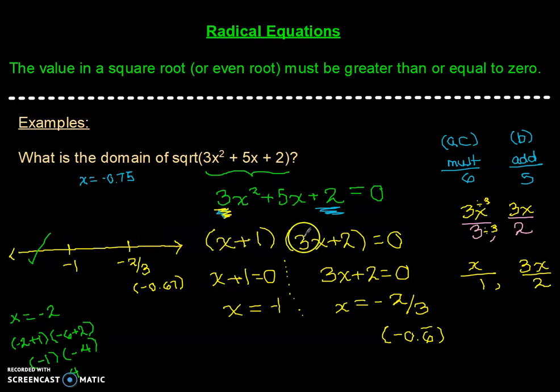So again, I'm just going to use the factored form rather than plug it back into the original because they're the same thing. So I'm going to write negative 0.75 plus 1 instead of x plus 1, and 3 times negative 0.75 plus 2. If I plug that into the calculator, I'll get negative 0.25. The first parentheses also gives me, well, positive, negative 0.25, sorry.